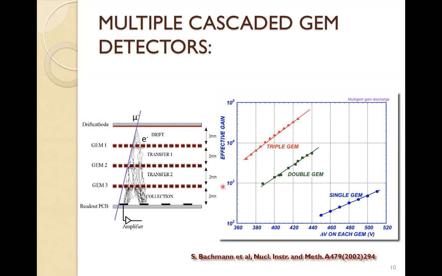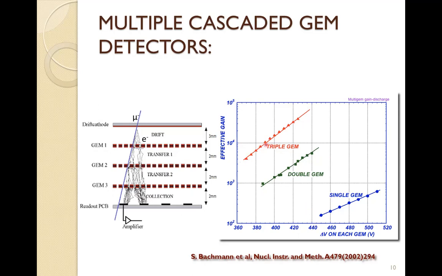Now you can see a gain of 10 to the power 3 is achieved using a single gem, where you have applied a voltage delta V in one gem foil up to 500 volt or even more. Whereas if you use a double gem, you achieve almost 5 times 10 to the power 3 at 440 volt only.